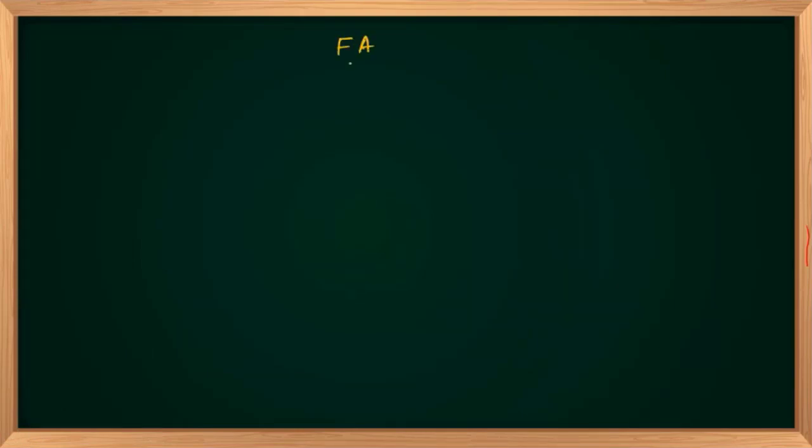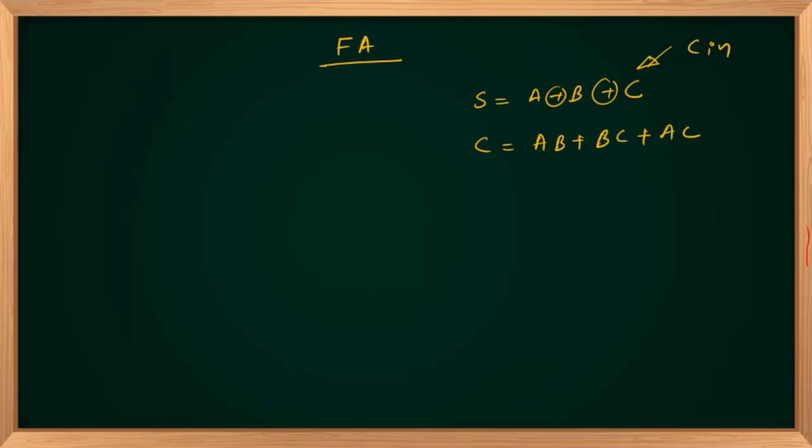And we understood that in full adder, the sum expression was A XOR B XOR C, and this C was my input carry, and carry out was the sum of products of individual bits, right? And this C is actually carry in.